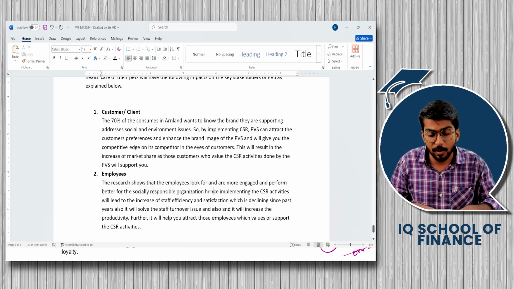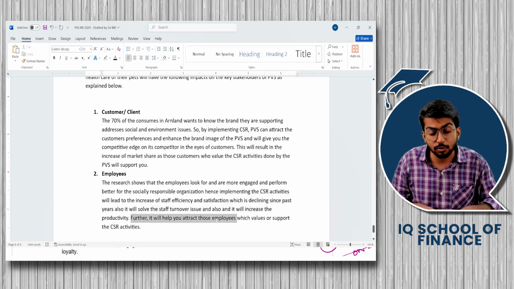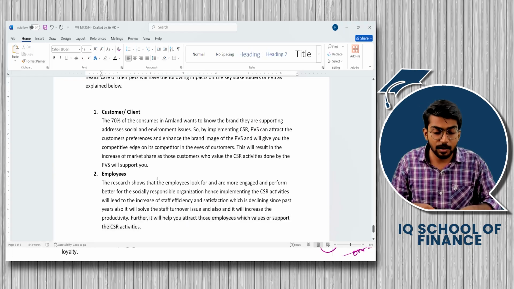This is the fact. Hence, implementing CSR activities will lead to an increase in staff efficiency and satisfaction, which has been declining in past years. Also, it will resolve the staff turnover issue, and it will increase productivity. Further, it will help you attract employees who value or support CSR activities. So, are we good with it? Can we move forward?